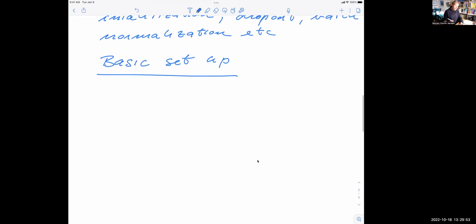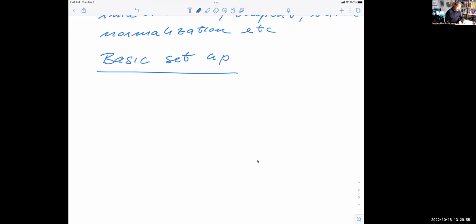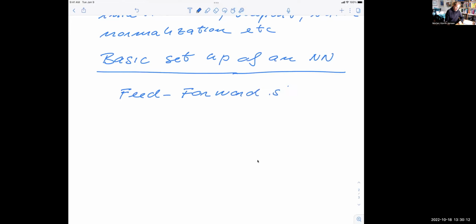The typical feed-forward stage of an NN, let's just write this down here. So we have what we call the feed-forward stage, and we are now going to write this in a more compact way.